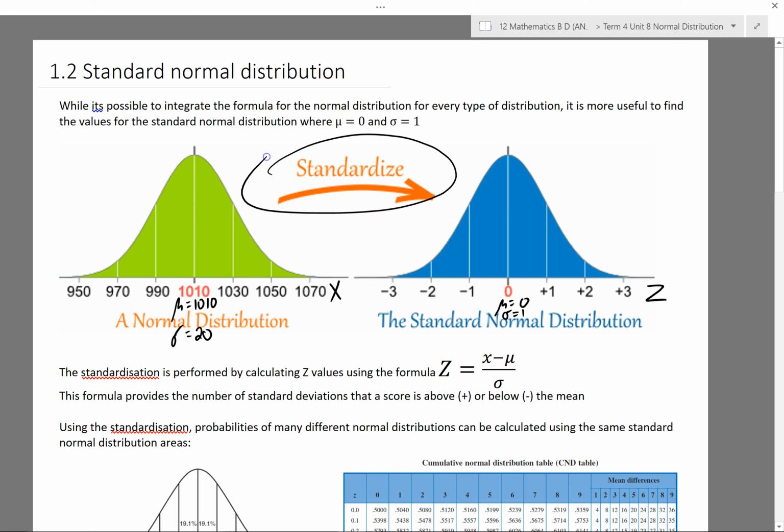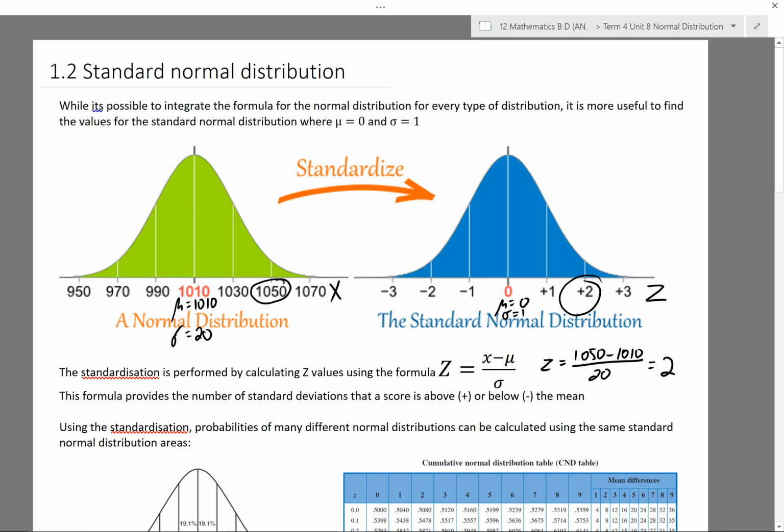The way we do this standardization is by using this formula for our z values, which tells us how many standard deviations the score is above or below the mean. If I take an x value of 1050, for example, that would correspond to a z value: subtract the mean, divided by the standard deviation. That would correspond to a z value of 2, which means it's 2 standard deviations above the mean.